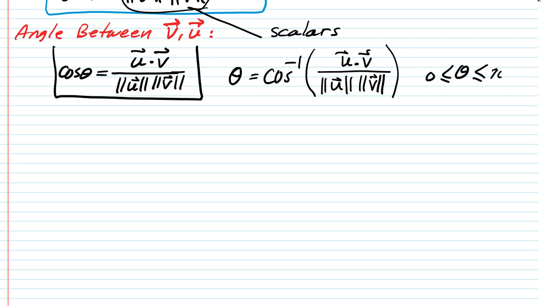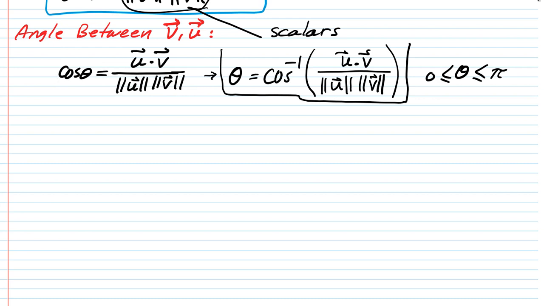So that is why the angle theta for a vector is often from 0 to pi. It has to do with the range of the inverse cosine. And there you got it. So this is actually a formula that will find the angle between two vectors.